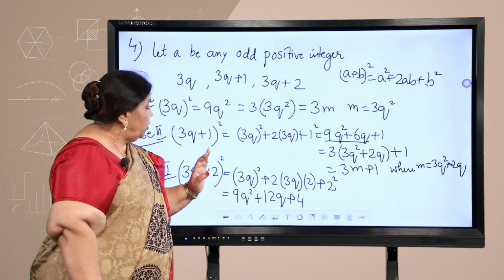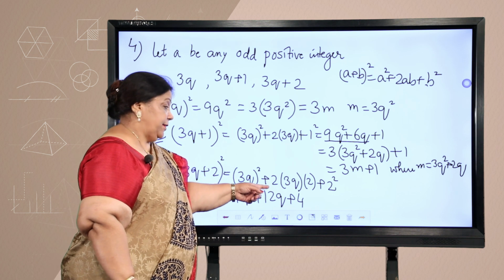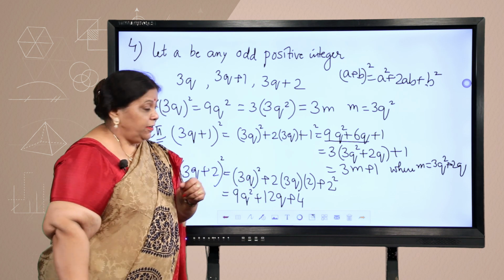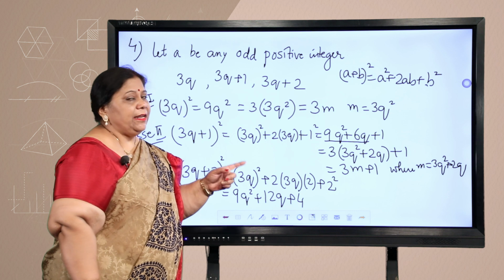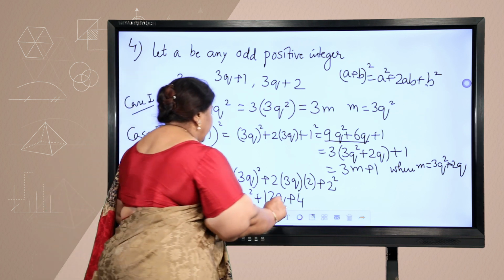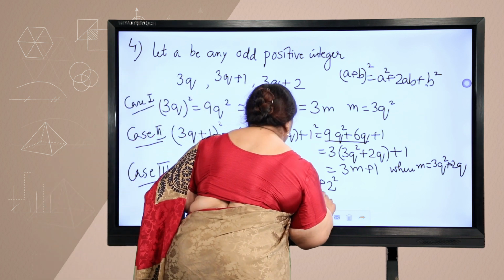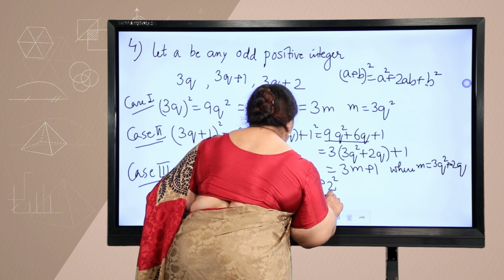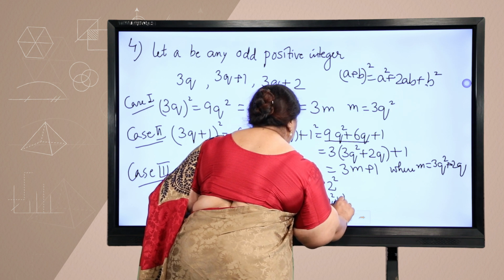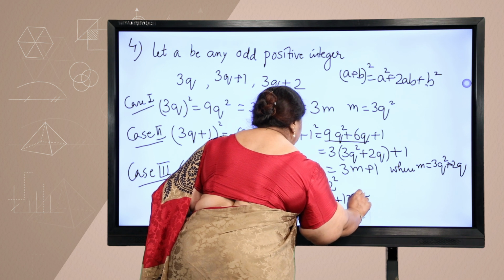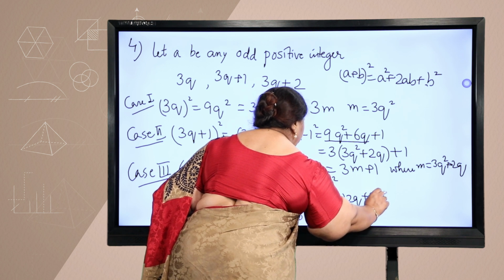Very interesting. Look here, 4 will create trouble when I take 3 as common. So, I will split this as 3 plus 1, and I can express this as 9q square plus 12q plus 3 plus 1.